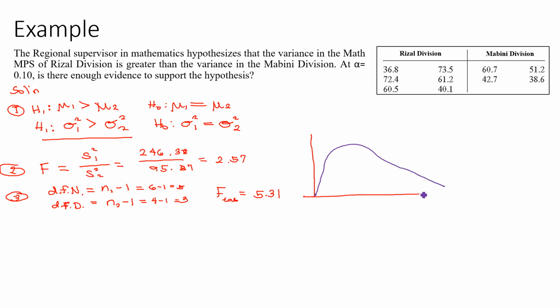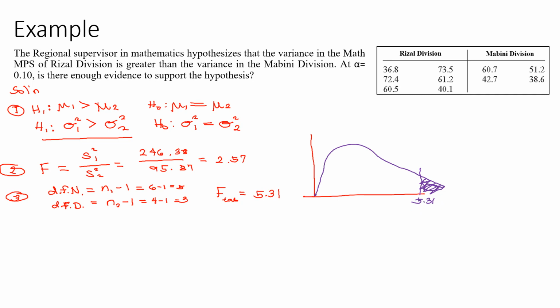If we plot the tabular value 5.31, then if the value lies within this shaded portion, we are going to reject the null hypothesis.